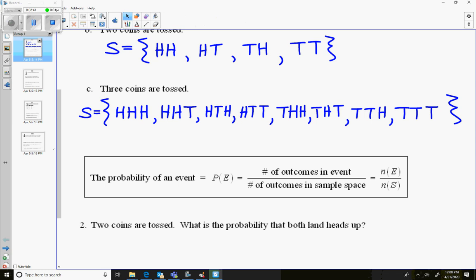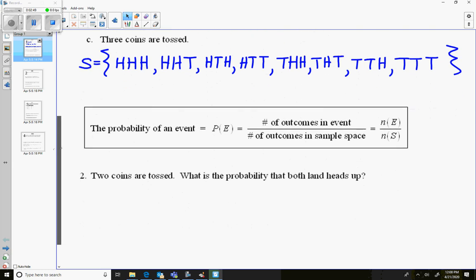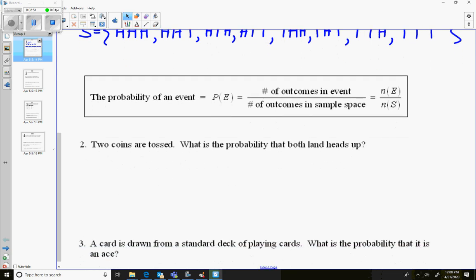All right, now, why is that important? Because the sample space is your total number of possible outcomes, which is important when it comes to probability. The probability that an event will happen equals the number of outcomes in the event.